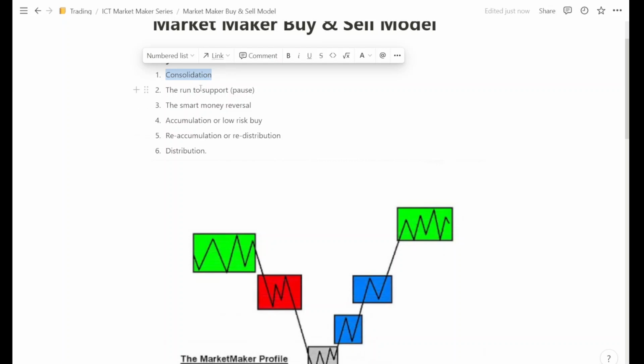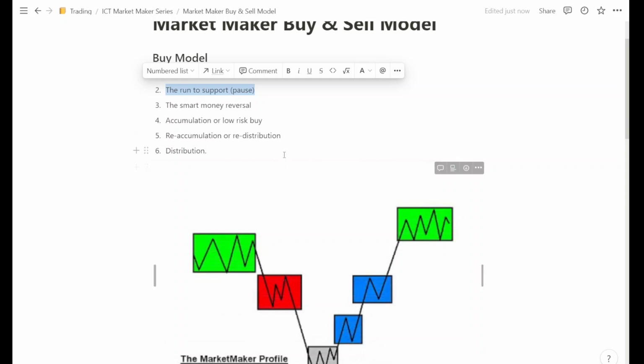So you are expecting price to dip or fill a fair value gap, and price fails to. Instead, it begins to consolidate before it fills it and then runs away without filling it. You begin to anticipate a sell model. So both buy and sell models begin with the initial consolidation, and then there is going to be a run to a level of support here.